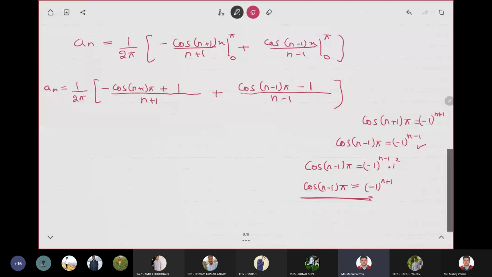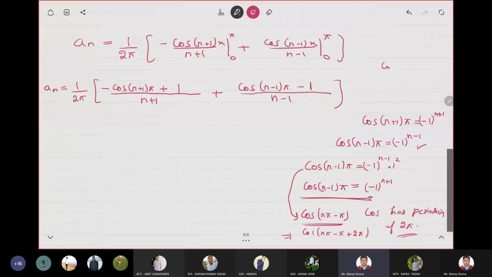And this is happening because, if you look deep into this expression, cos has periodicity of 2π. Because cos (n minus 1)π can be written as cos (nπ minus π), and this term will be the same as cos (nπ minus π plus 2π), because cos has periodicity of 2π.